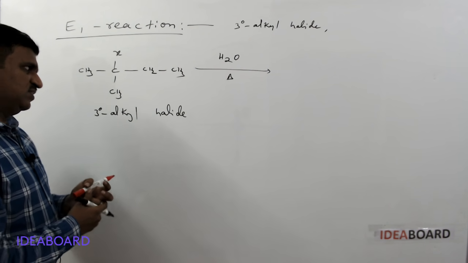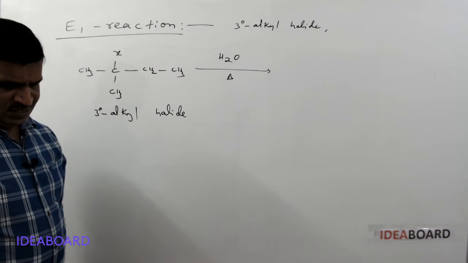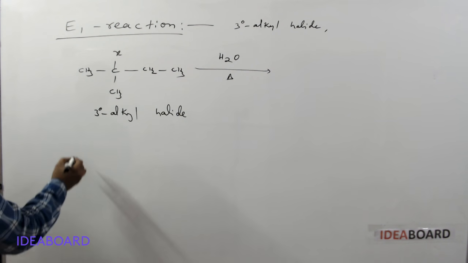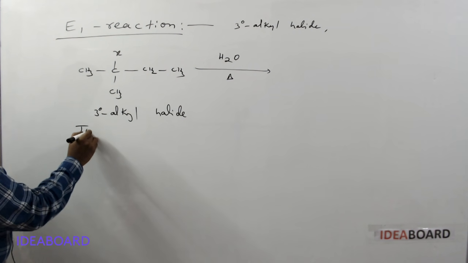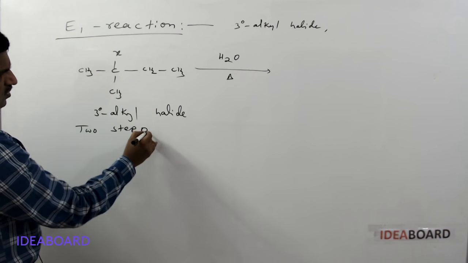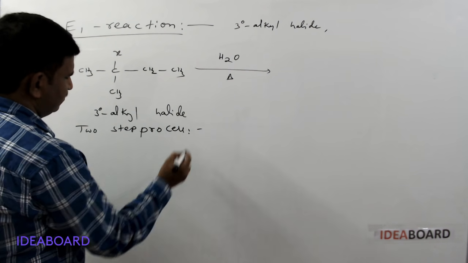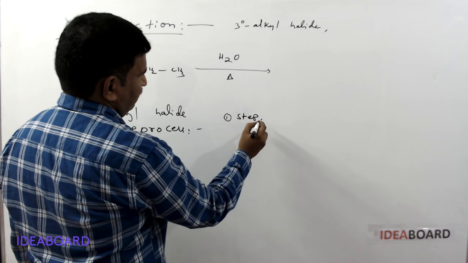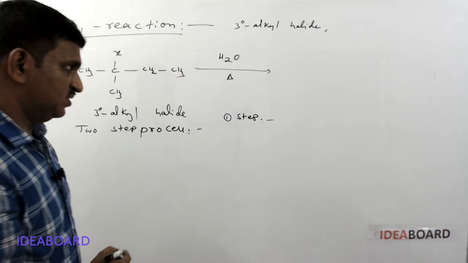When they give this E1 reaction, if you see this compound, what are the products? Generally, the E1 reaction is also a two-step process. Two-step process means we have two steps in this mechanism. In the first step, carbocation formation occurs.